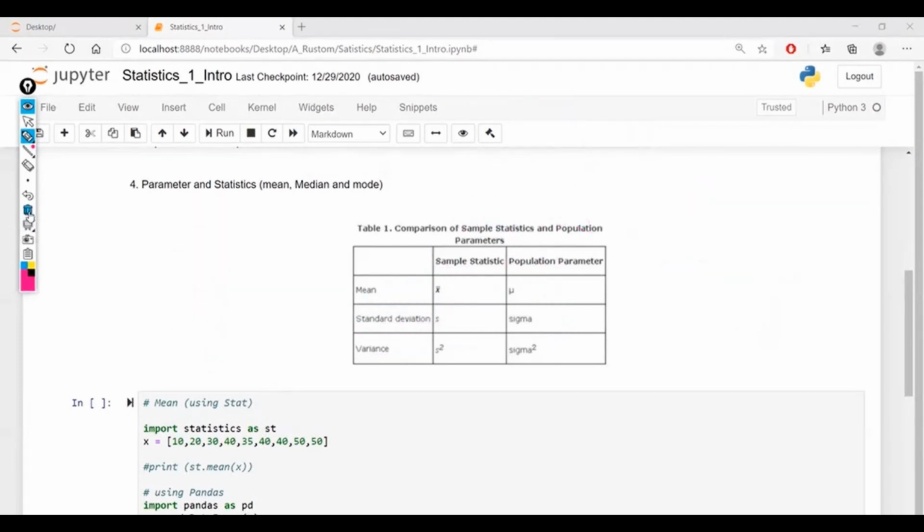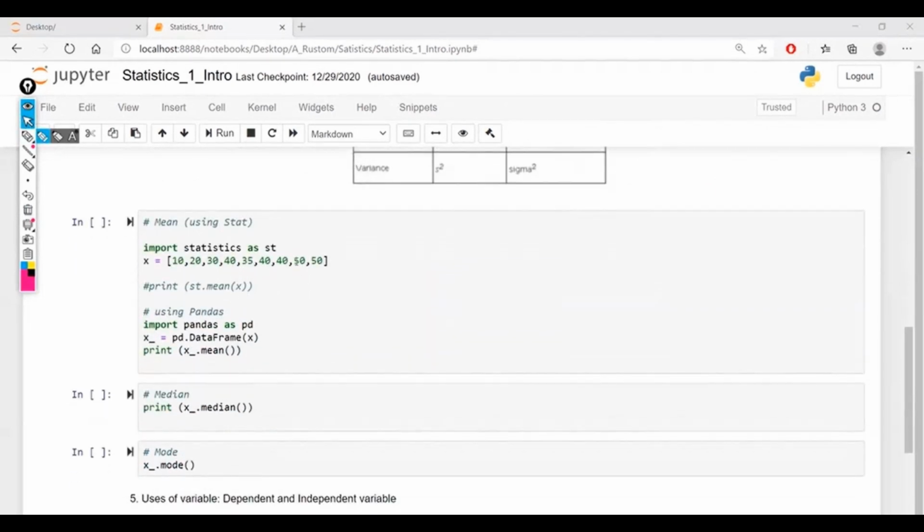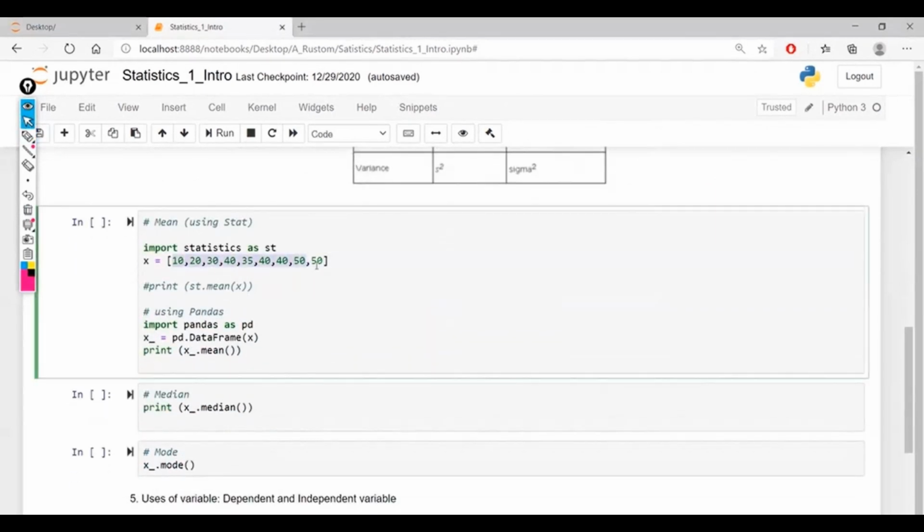Here I have some data, as you can see, 10, 20, 30, some numbers, and I'm going to find the mean, median, and mode. If I want to use pure statistics, then I'm going to import statistics as ST here. Going forward, I will use only ST.